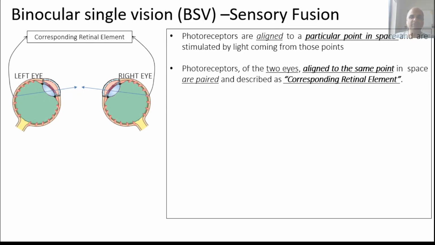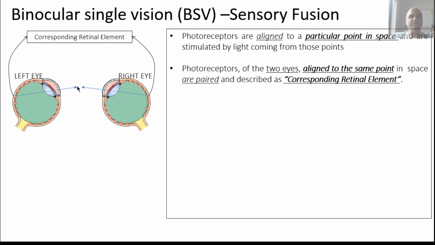The second thing we need to understand is that you have two eyes, right? And there are pairs of photoreceptors in both eyes that are pointing towards the same point in space. For example, in this picture, in the right eye, this photoreceptor is pointing here, and in the left eye, this photoreceptor is also pointing here.